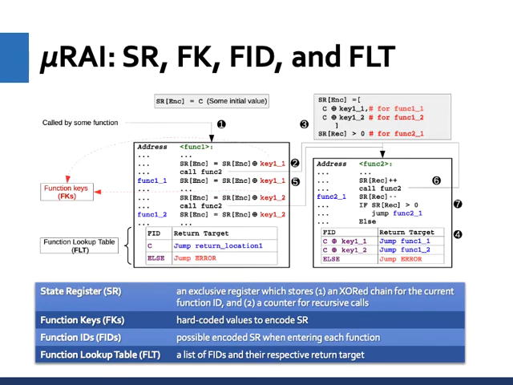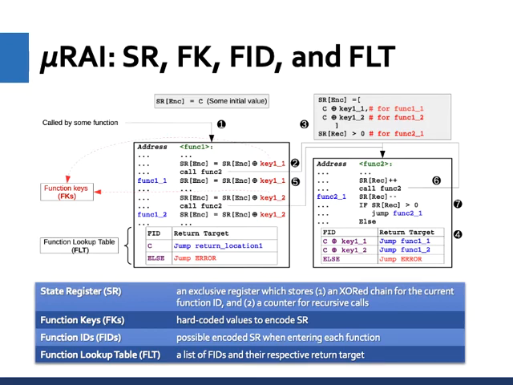We can see here, function 2 has two valid possible FIDs, either C XOR key 1 or C XOR key 2. By getting the chain, we can get the current FID. Each FID corresponds to a return address.